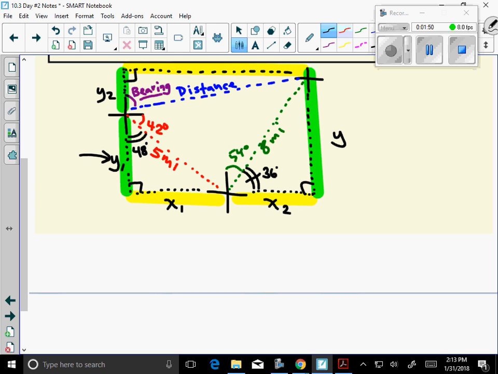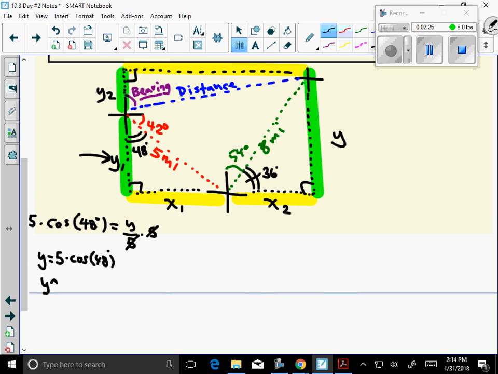So I would take the cosine of 48, set it equal to y over 5, and then multiply both sides by 5. So y will equal 5 times the cosine of 48, which is 3.35.